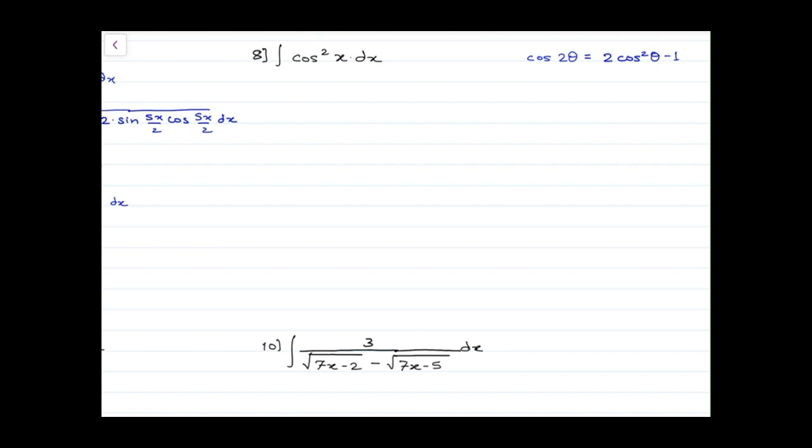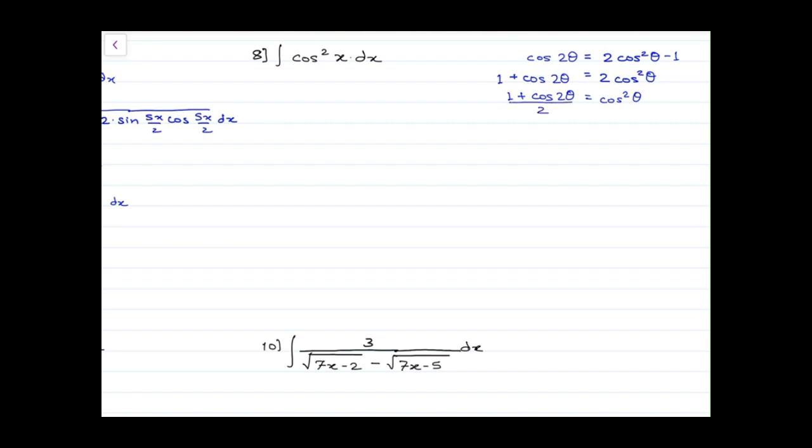Now we need cos square theta, so I can rearrange the equation. I'll move minus 1 to the other side, so it will be 1 plus cos 2 theta. On the right side we have 2 cos square theta. So I can write cos square theta as 1 plus cos 2 theta divided by 2.